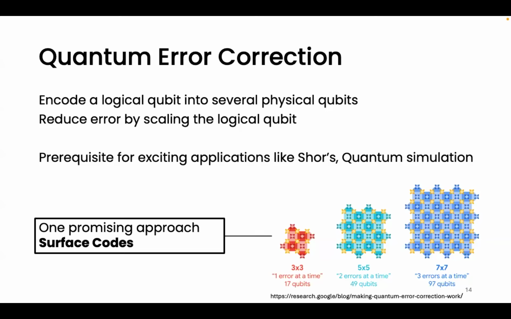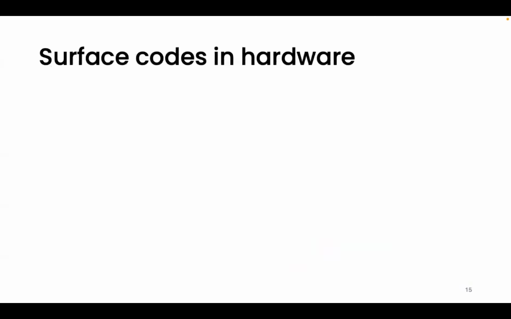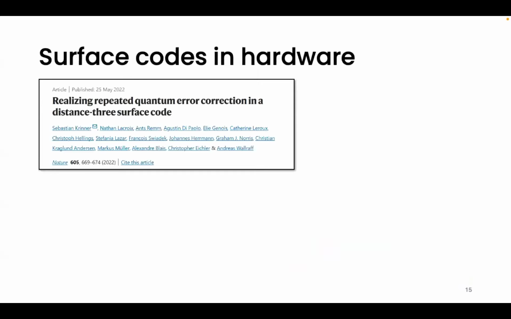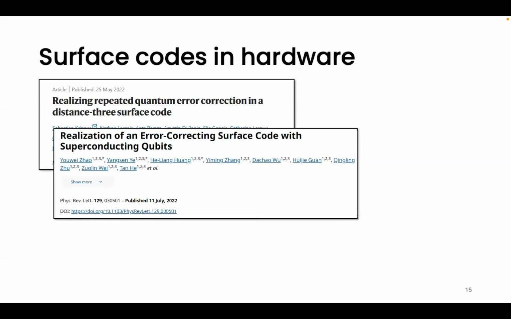Here's a depiction of a surface code qubit from Google's blog, and it is a surface, a two-dimensional patch. We have seen surface codes in hardware. Just a couple of years ago, we saw the first experimental demonstrations of the surface code protocol that I showed you there.